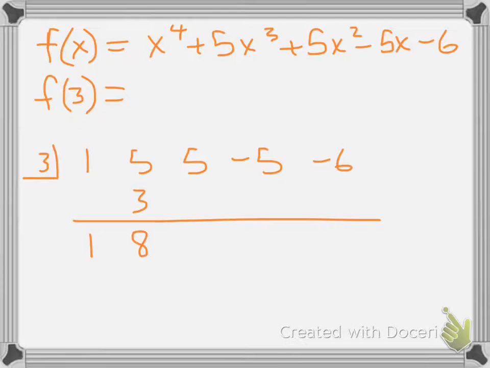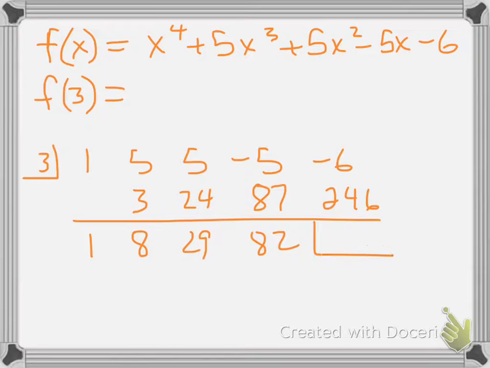That's 8. 3 times 8 is 24. That's 29. 3 times 29, 60 plus 27 is 87. That's 82. 3 times 82 is 246. So my remainder here is 240, which means f of 3 equals 240.